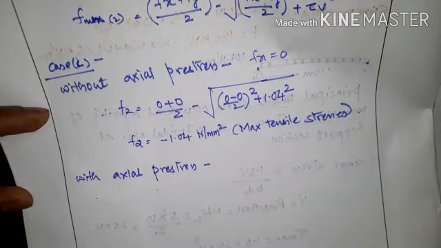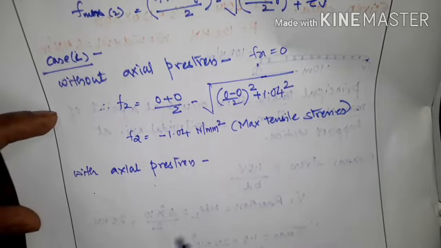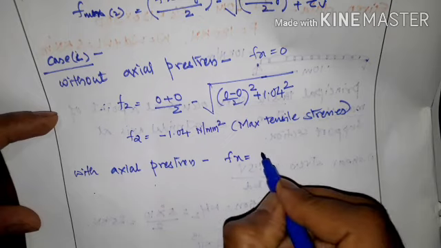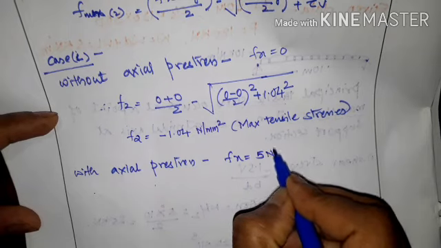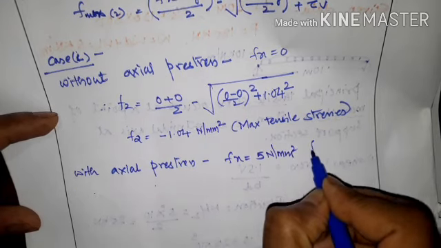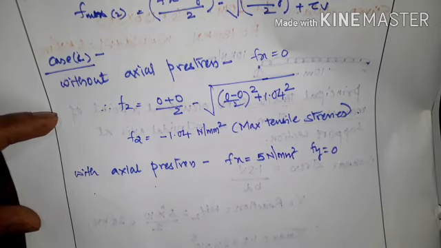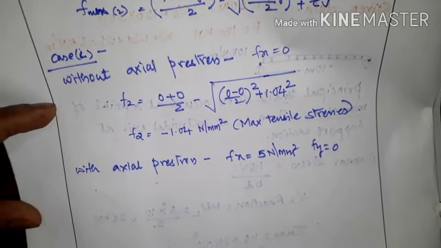With axial pre-stress, we have Fx equal to 5 Newton per mm square and Fy equal to 0 again, because we are not providing any vertical pre-stress in the beam.